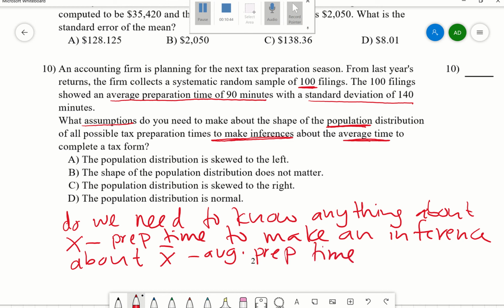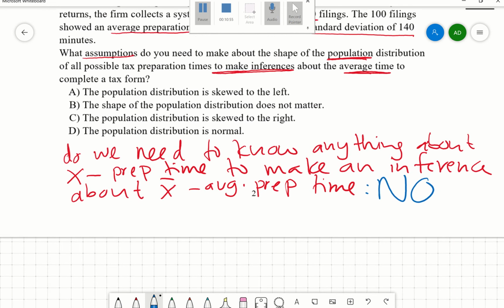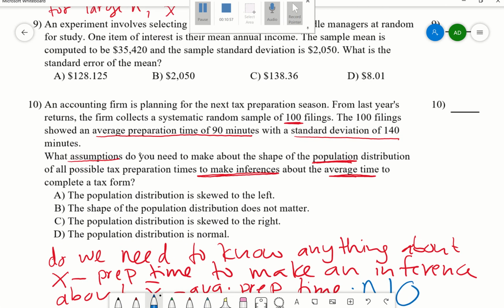So according to the central limit theorem, the answer is no, you don't. Because regardless of, so your preparation time may look like a very weird pattern. We don't know. Prep time. Regardless of this picture, average prep time, X bar, will be normal.